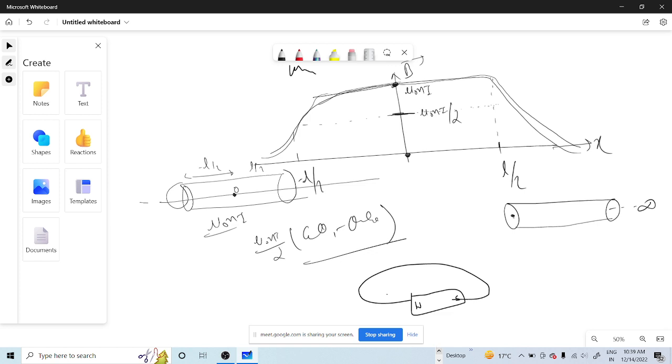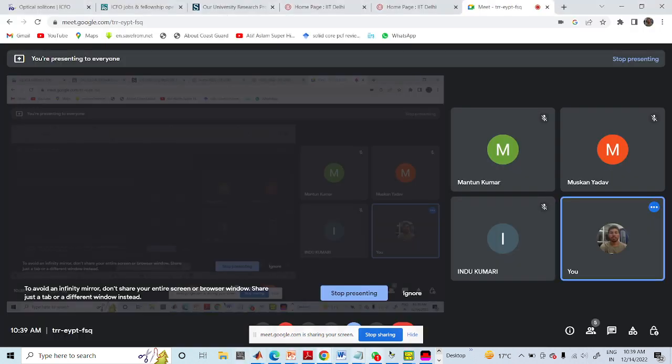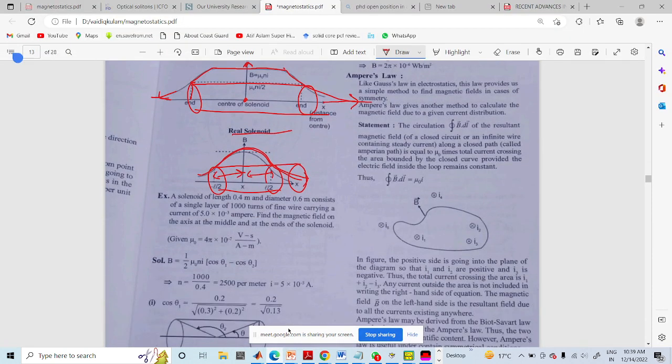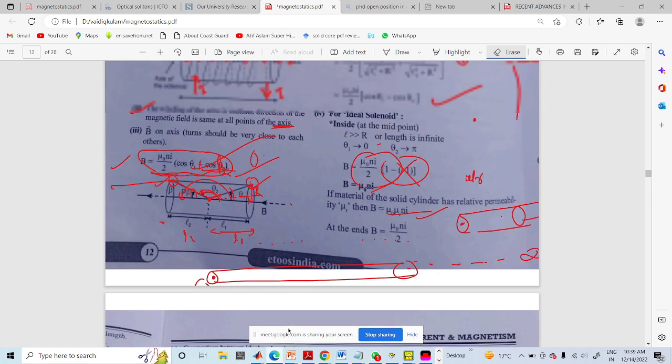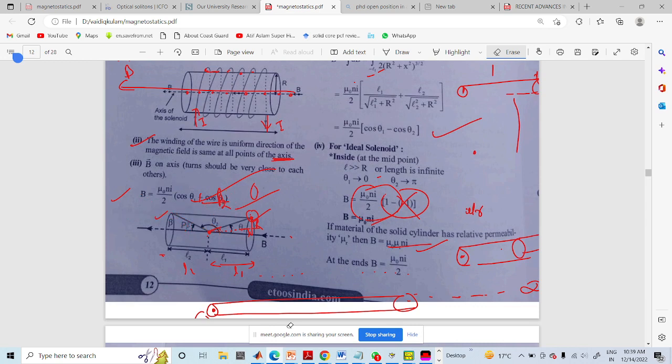That's over here. One minute, I want to show once again in this figure. Just look at this one, and also look at the solenoid figure, so that you can compare from here.